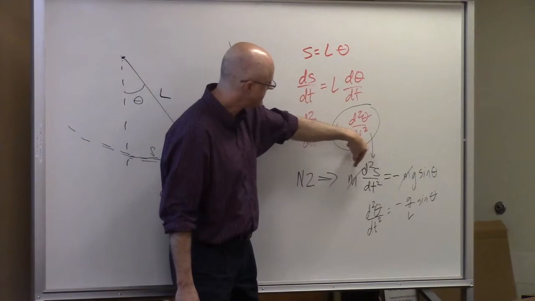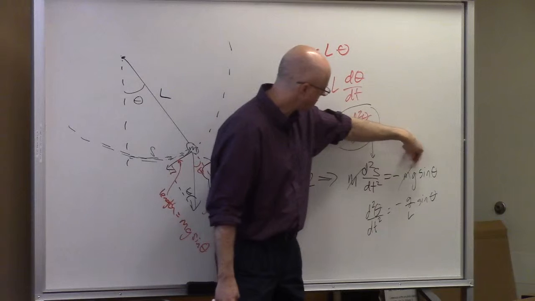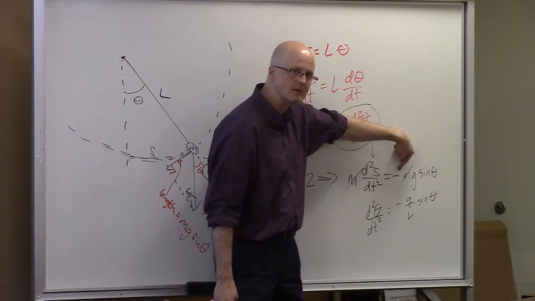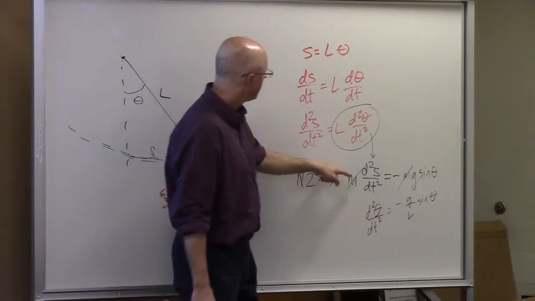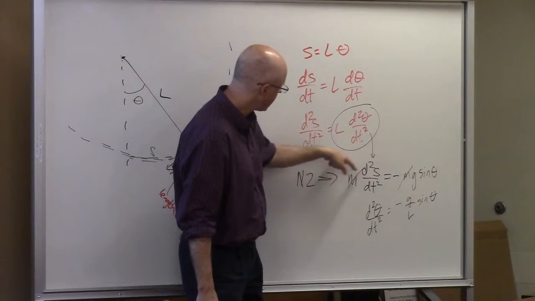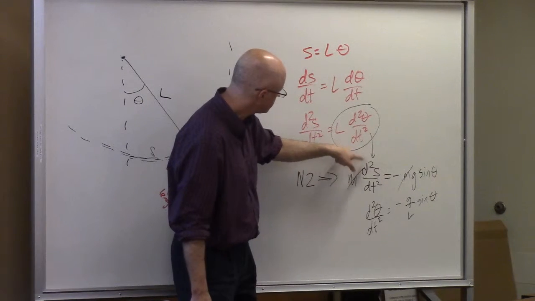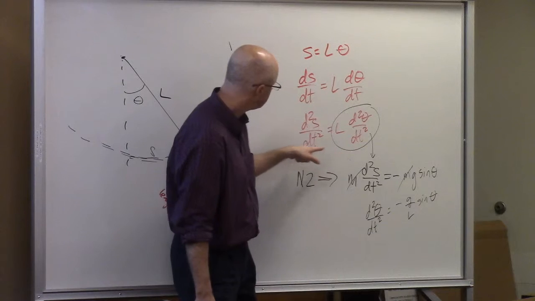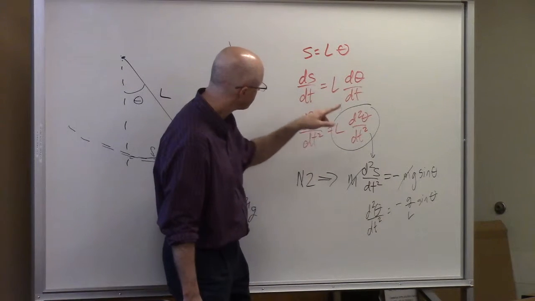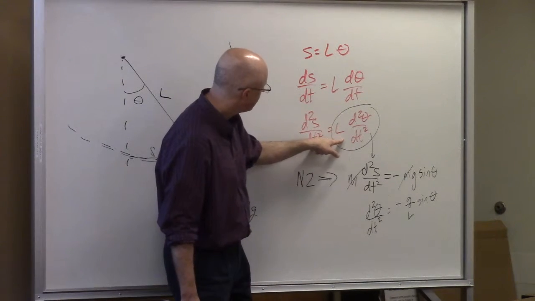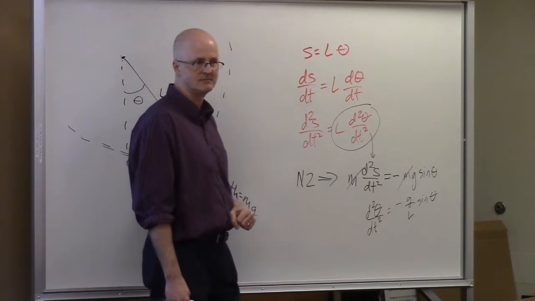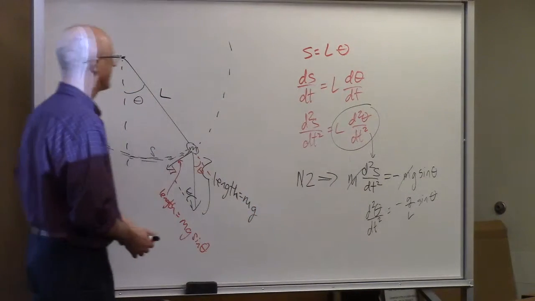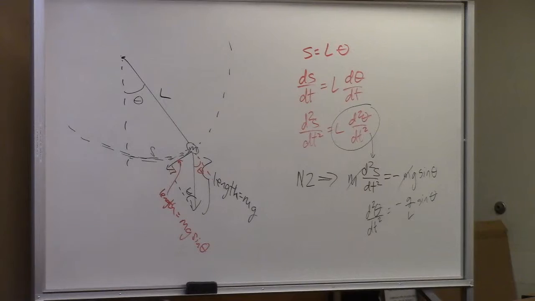This is mass times the acceleration. This is the force, and it's in the opposite direction. Then I canceled the m's and replaced this second derivative, d squared s dt squared, with that. Then I divided both sides by L. Okay, now I see it, to get that equation.